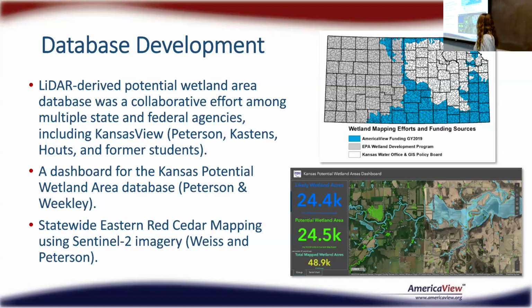We also created a dashboard that allows you to view and summarize the data based on the extent that you're zoomed into. And then more recently, David Weiss helped me produce a statewide eastern red cedar map for the state using Sentinel-2 imagery, which has a spatial resolution of 10 meters. And David, I think, presented on that earlier this year.